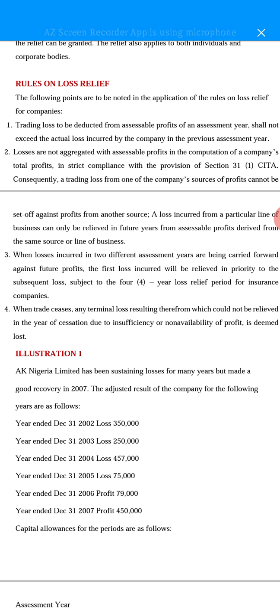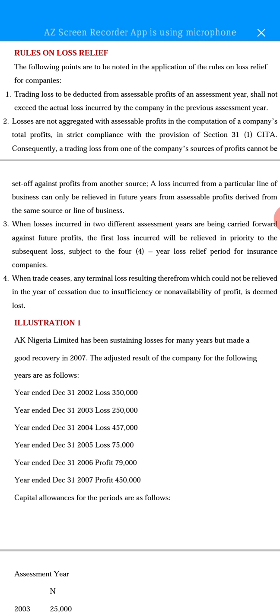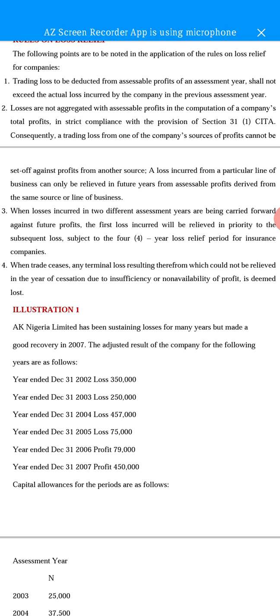We are told that whichever adjusted loss you calculate, the loss relief should not exceed the loss which was incurred. We'll take an illustration on this, you will understand better. Then losses are not aggregated with assessable profits in the computation of a company's total profits.